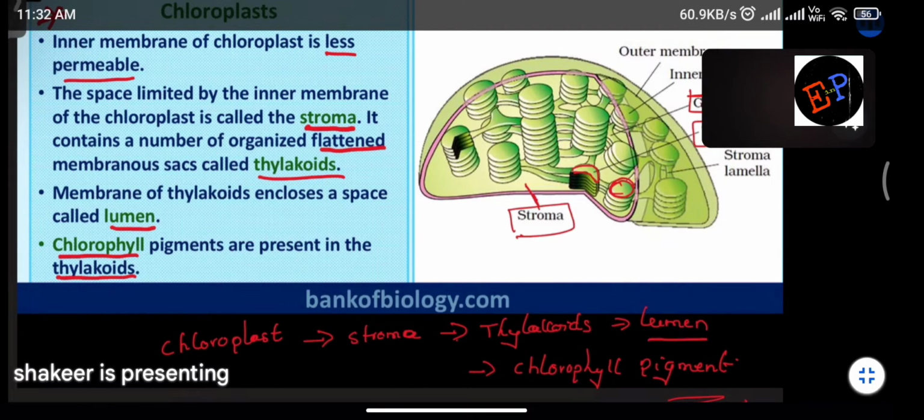Inside the thylakoids, you will find lumen. And inside the lumen, you will find chlorophyll. That is, thylakoids are totally composed of chlorophyll pigment, and that total region we can call lumen. Do you understand the sequence? So this is how the chloroplast is arranged.